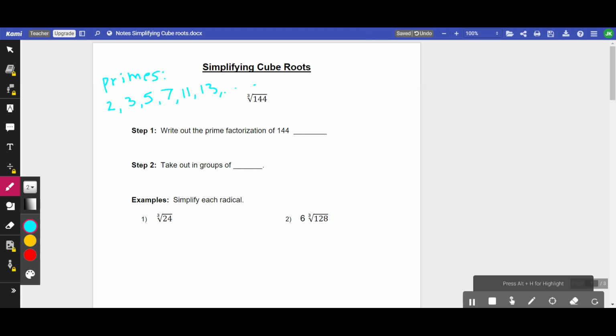So for this first one here, you're going to write out the prime factorization of 144. Remember, for the ones that are even, I would divide by 2 until you can't anymore. So the 144 is even, so I would divide by 2 first. You get 72, which you can take another 2 out of, which gets you down to 36.